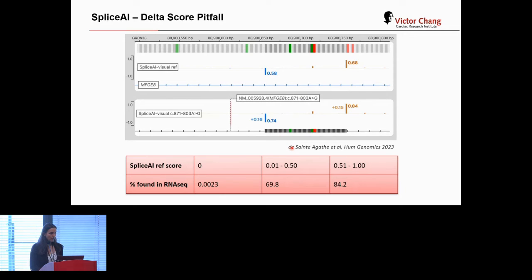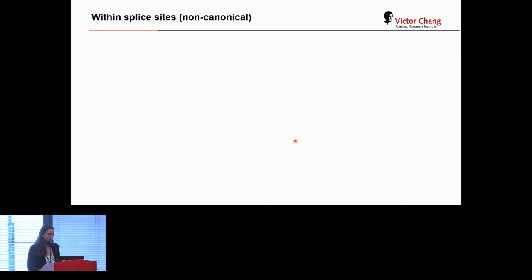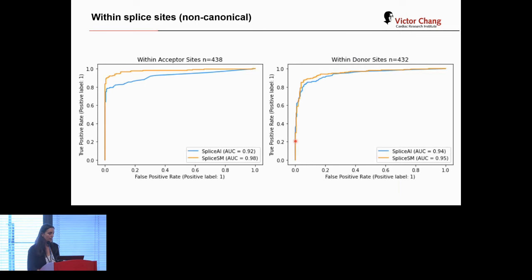So to evaluate our performance, we compiled a set of about 5,000 splice-altering variants and region-matched negatives. These are usually from studies that have validated splice-altering variants. And we found that within splice sites, we perform better than SpliceAI for both acceptor and donor sites.